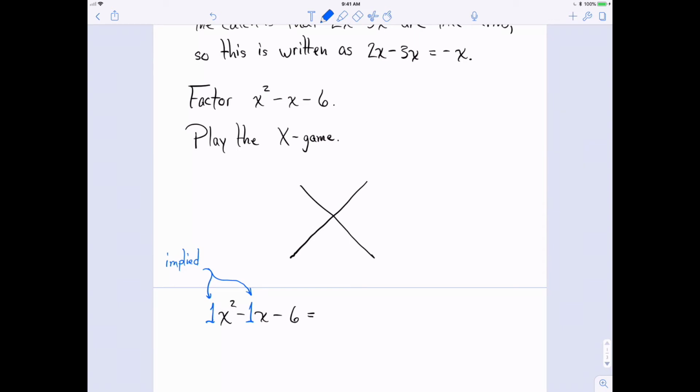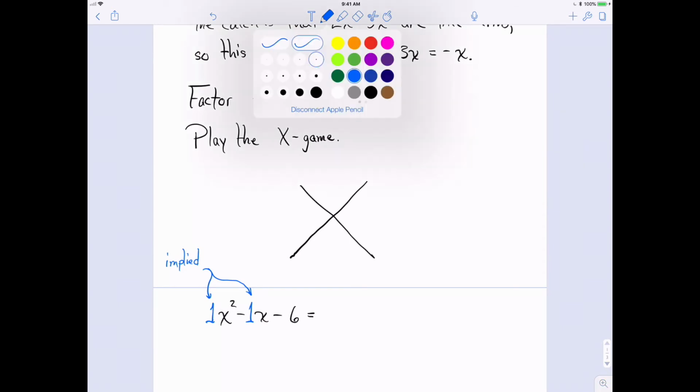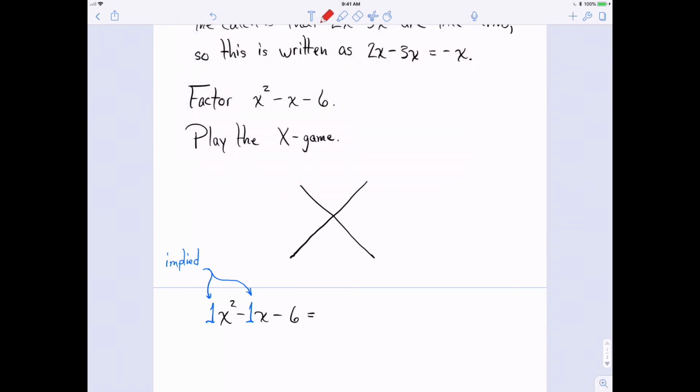Now, here's how we play the game. We take the number in front of the x squared, and we take the number without any x's or variables, and we multiply them. So we go 1 times negative 6 to get negative 6.